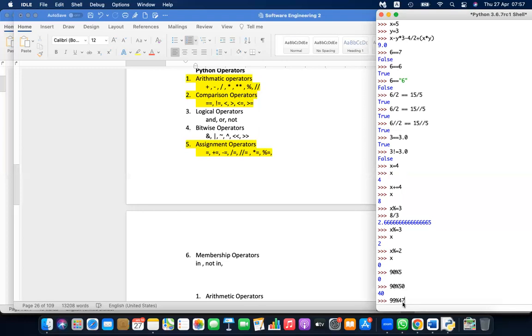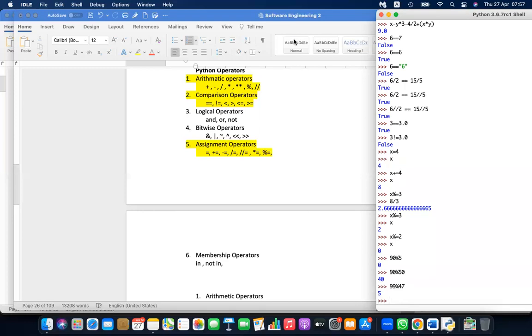Yeah, remaining 5. Correct. Clear on this? Yeah. Okay. Now clear about the assignment operators.